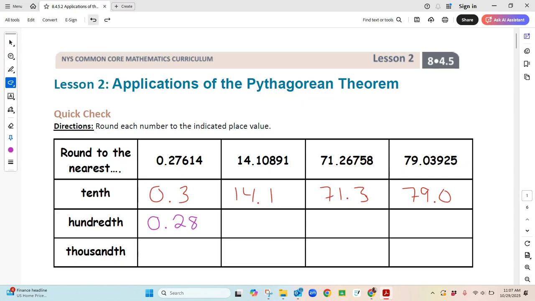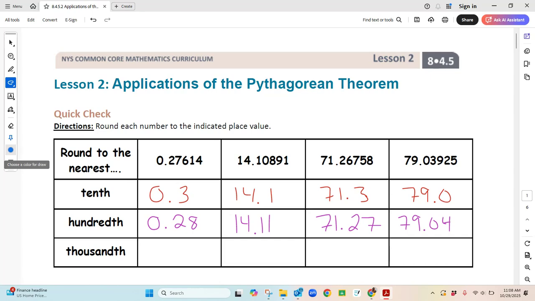Go ahead and fill in the next row. Great, so you should have had 14 and 11 hundredths, 71 and 27 hundredths, and 79 and 4 hundredths. Okay, last up is our thousandths row.